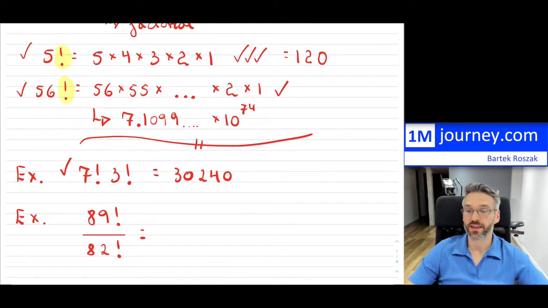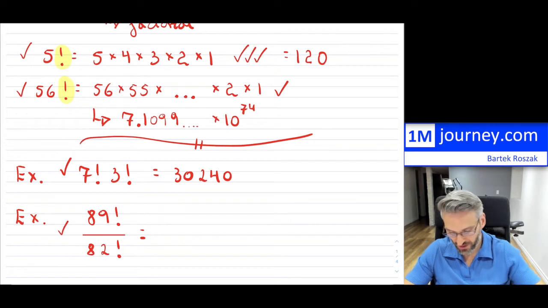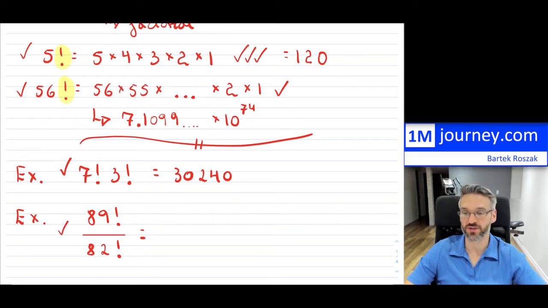Okay, so your calculator may not be able to do 89 factorial, right? And then divide it by 82 factorial and give you an answer. It might just say, I can't do it. It's too big.